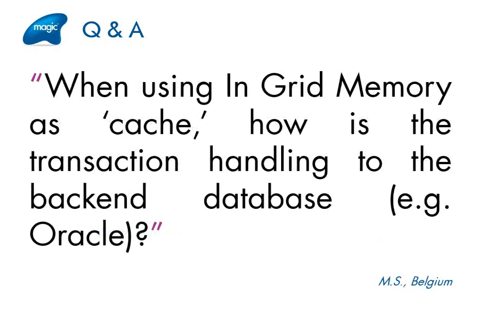Question from Belgium. When using in-grid memory as cache, how is the transaction handling to the back-end database, meaning Oracle? When using the in-memory data grid for database usage, we actually have two modes. One is to just work with it as read-only, and the other one is to use Hibernate. I assume this question is about Hibernate.